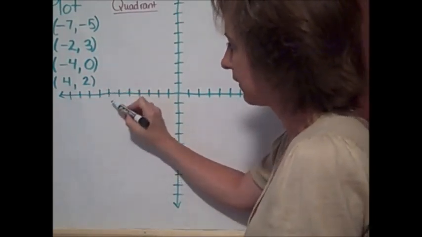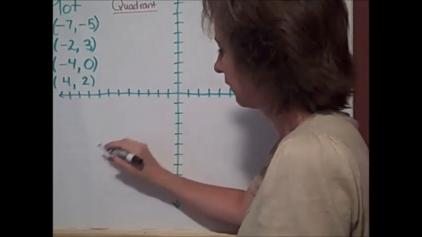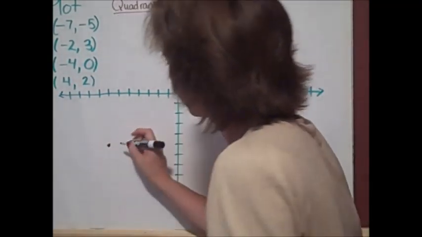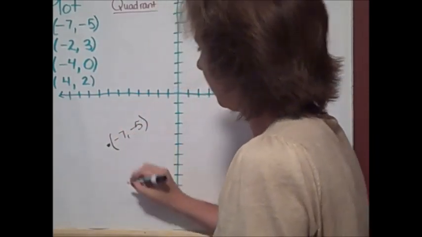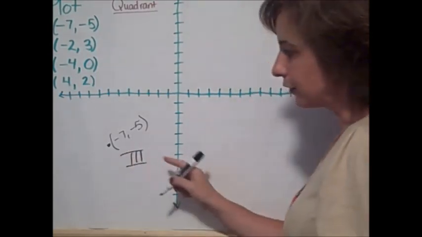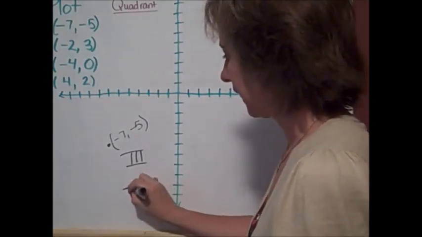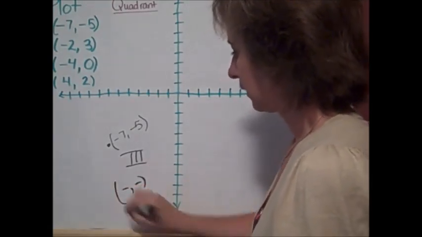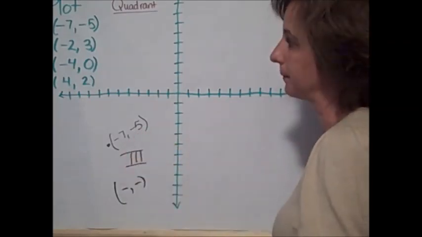Negative 5, down 5. 1, 2, 3, 4, 5. This point is negative 7, negative 5. And this is quadrant 3. And every point in quadrant 3 is a negative, negative.